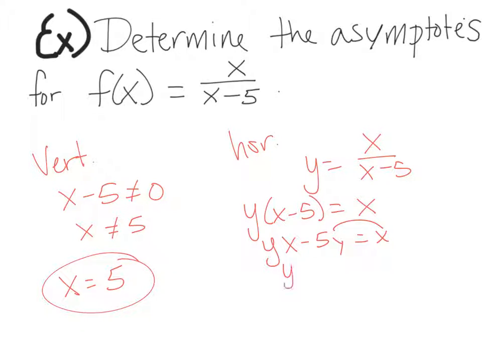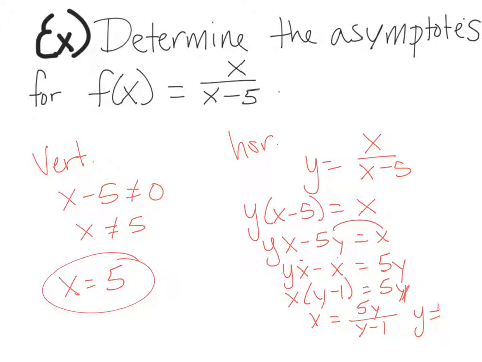So now I have yx minus x equals 5y. I'm going to take an x out of both of these two terms. So then I have x times y minus 1 equals 5y. I'm going to divide this y minus 1 over, so I have x equals 5y over y minus 1. And now I can just figure out, well, what can y not equal? Well, y cannot equal positive 1, so my horizontal asymptote is y equals 1.